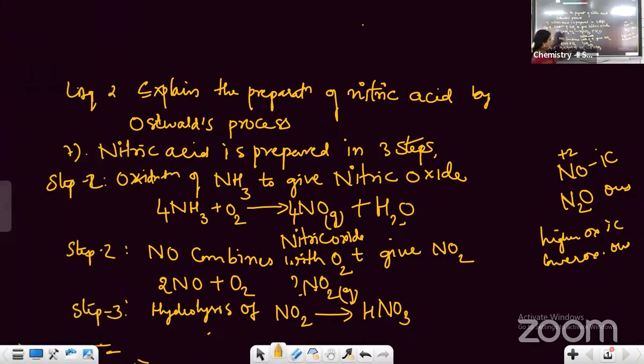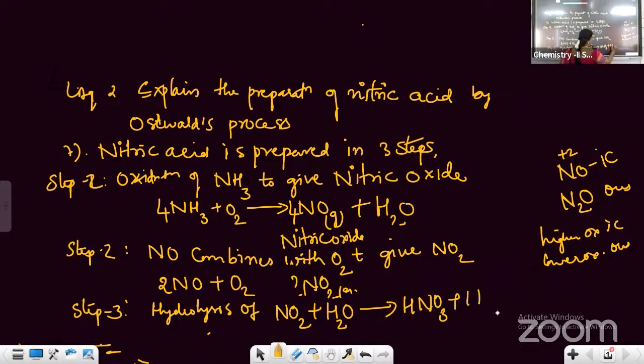So hydrolysis of nitrogen dioxide gives nitric acid. NO2 plus H2O gives HNO3 plus NO. So again you are getting back the nitric oxide, and the NO will be liberated and the reaction will continue. So third step, hydrolysis of NO2 gives HNO3 plus NO.